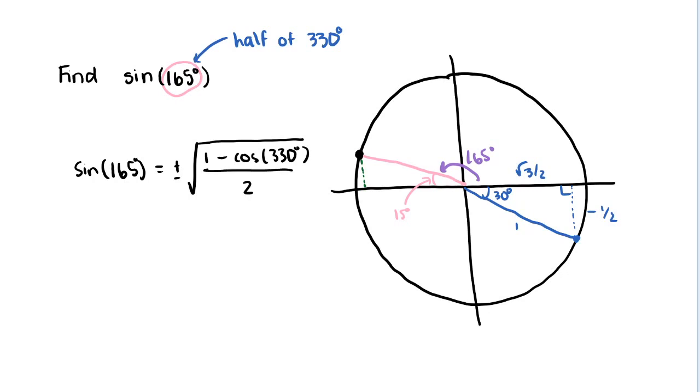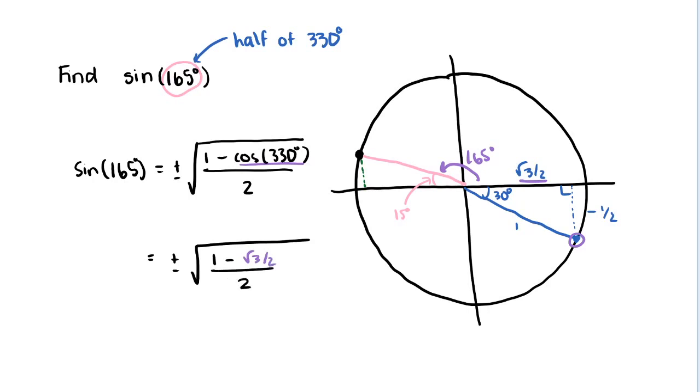The idea is that I can compute sine of 165 degrees by knowing that it's half of a more familiar angle, half of 330 degrees. And so this is plus or minus the square root of 1 minus cosine of 330 degrees. Well, that's the x-coordinate of this point associated with the angle of 330 degrees. That's the square root of 3 over 2.